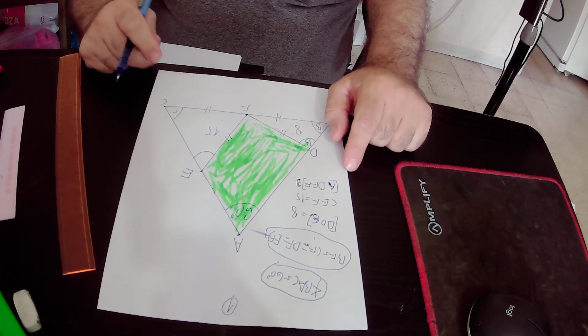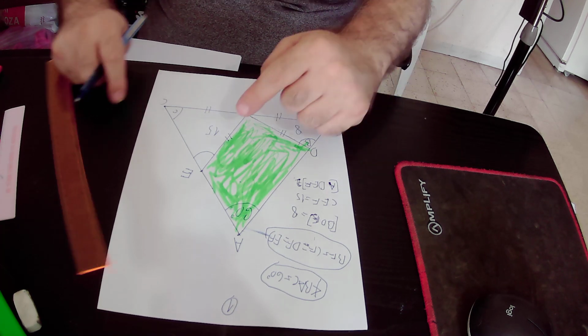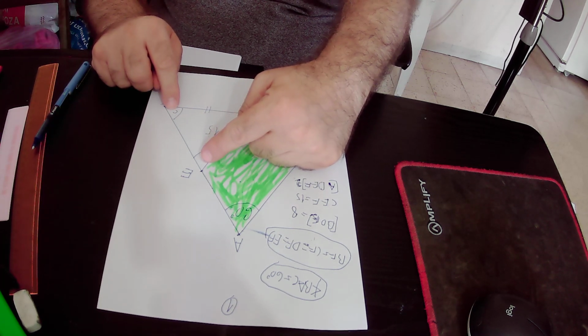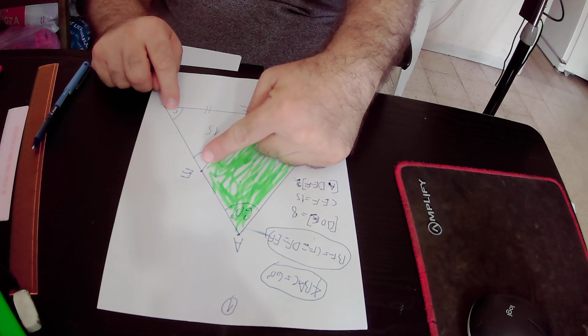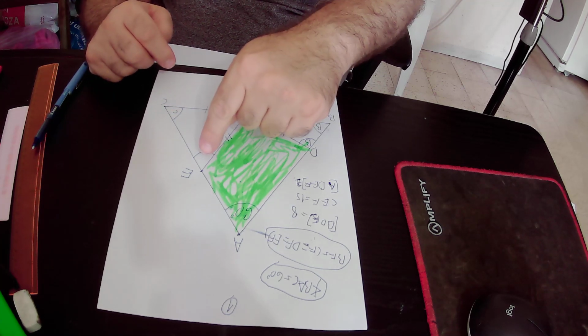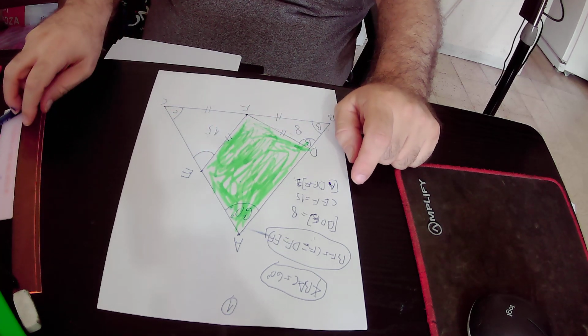So according to rule number 2, those two angles that are located in front of equal sides are also equal to each other. So if this angle is C, this angle also must be equal to C. Okay?